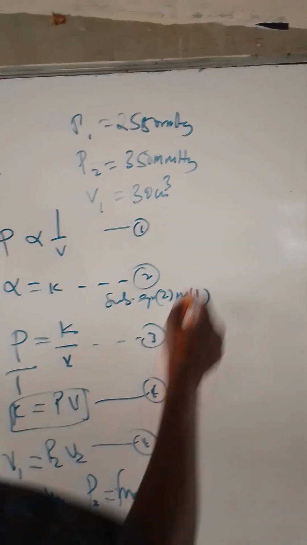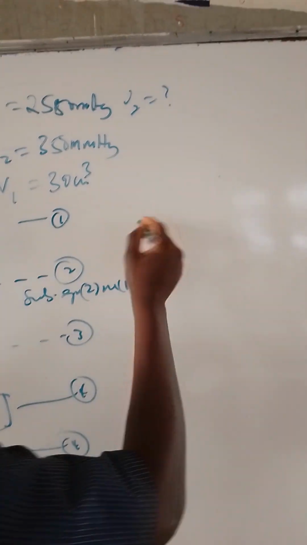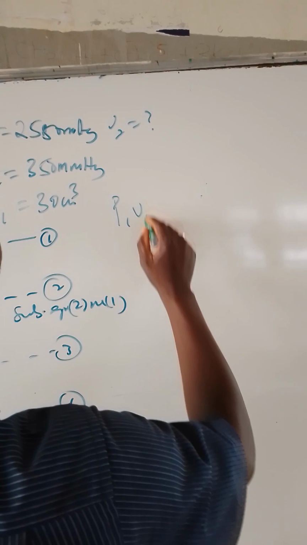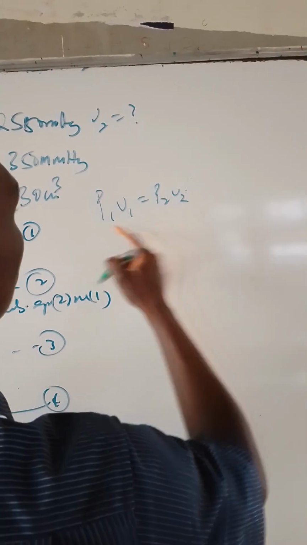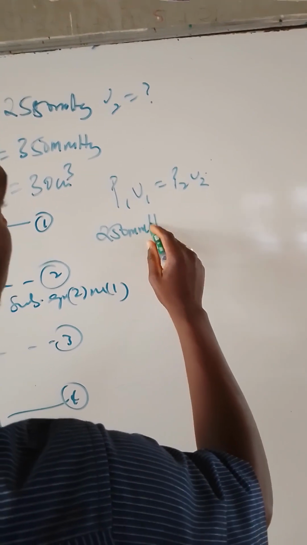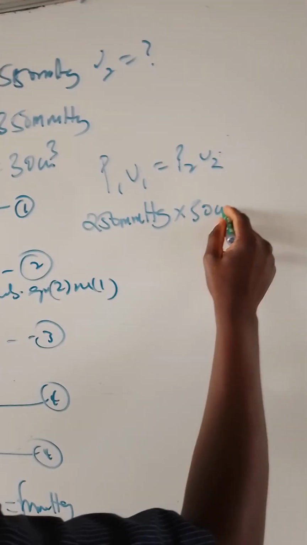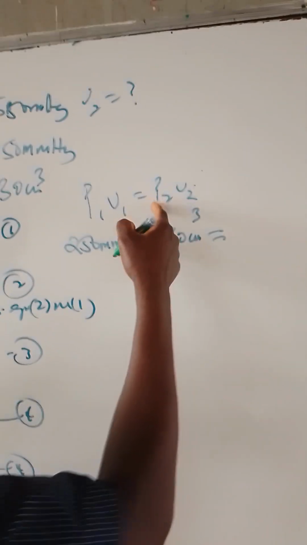Now what you are going to do is make V2 the subject of the formula. You can now say P1V1 is equal to P2V2. P1 is 250 millimeter mercury times V1. V1 is 30 centimeter cube, which is equal to P2.